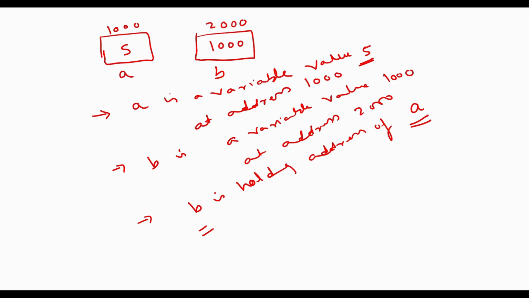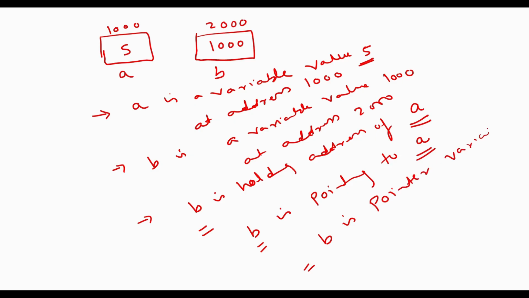If I make a relationship, that means B is holding the address of A. So I can say B is pointing to the variable A. Now I can say B is a pointer variable. So this thing is clear now.